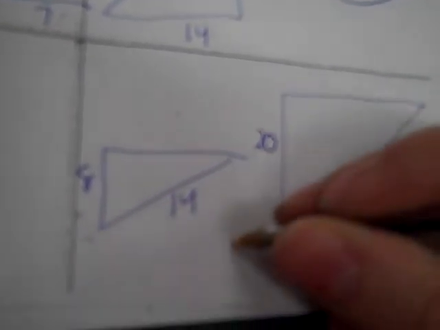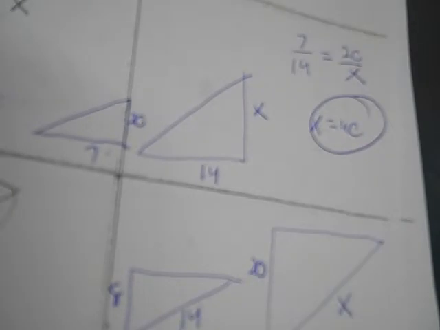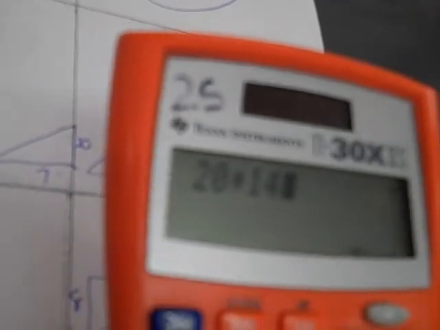And this whole side here is X. So 8 is to the 20, what the 14 is to the X. Cross multiply and divide. 20 times 14 divided by 8, 35. So yeah, you're going to want to separate those.